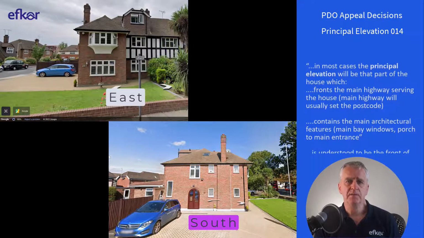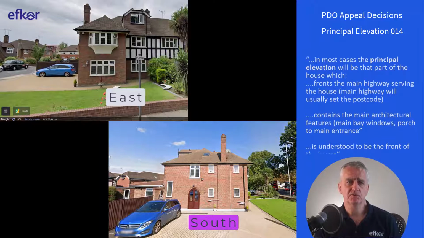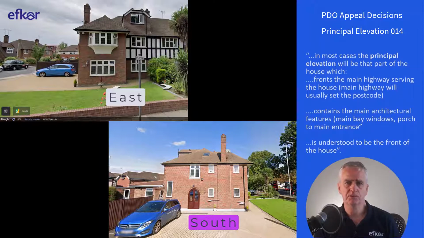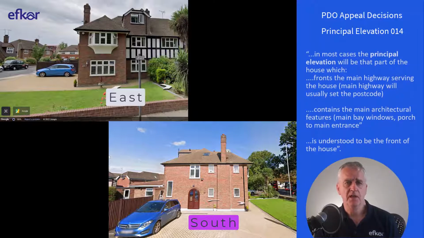It contains the main architectural features, such as main bay windows, porch to main entrance, and it will also be understood to be the front of the house. The actual wording emphasises that there will be exceptions to this criteria.